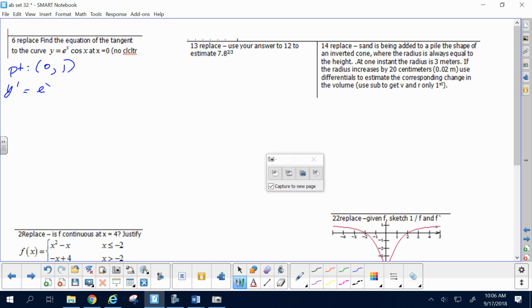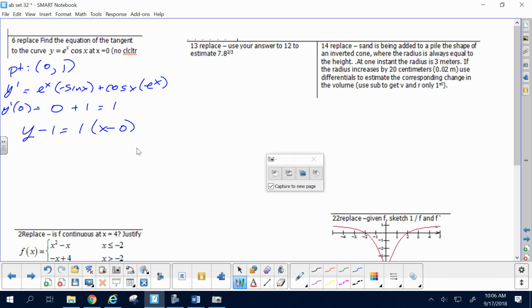So first stays the same, derivative of the second, plus second stays the same, derivative of the first. Y prime then at 0 should be 0 plus 1. Did you get 1 for the slope? Okay, the equation of the tangent line is then y minus 1 equals 1 times x minus 0, or some equivalent to it. Okay? All right.